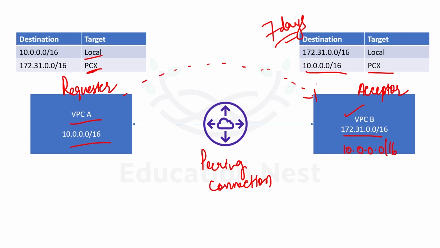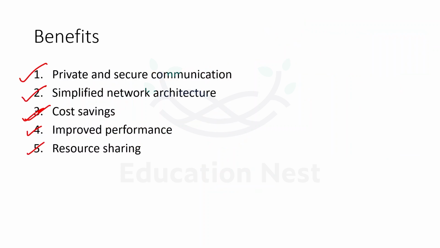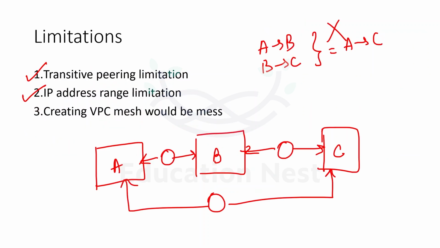We would have two conflicting entries. We are saying that if the network is this, go to local, and if the network is this, go to the PCX connection. So route table entries would be conflicting if we have overlapping CIDR blocks. That is one of the limitations of VPC peering.